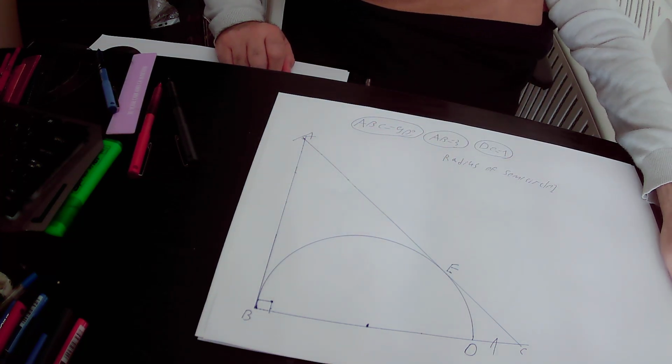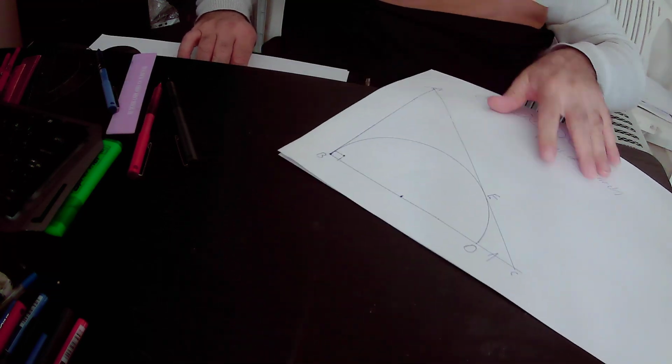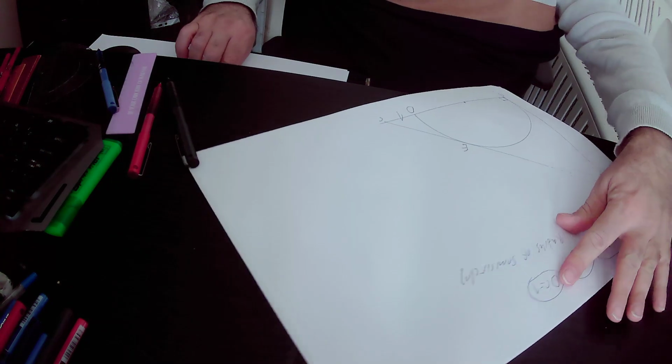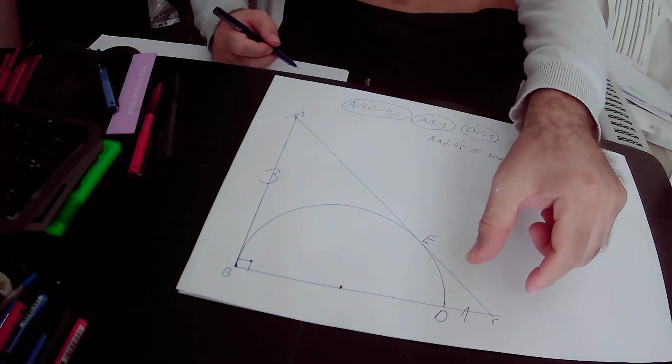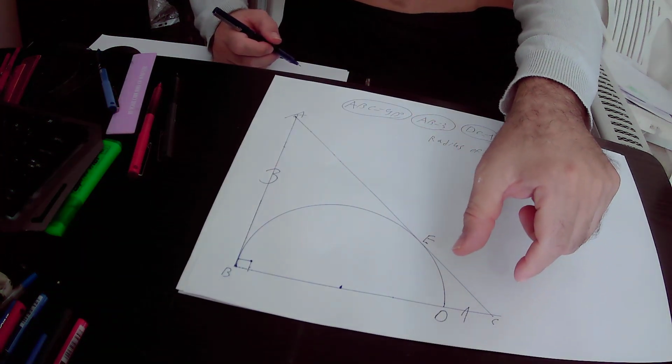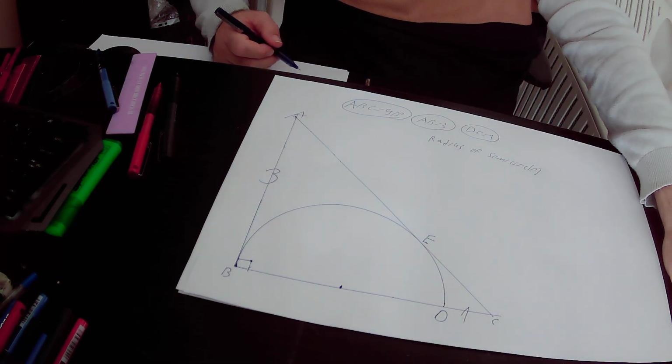We also know that side AB equals 3 units in its size, and the line segment DC equals 1 unit in its size.